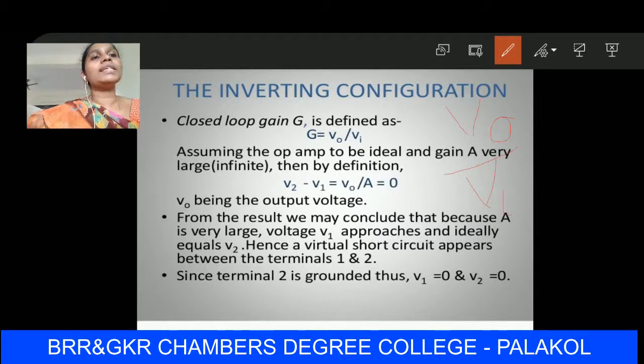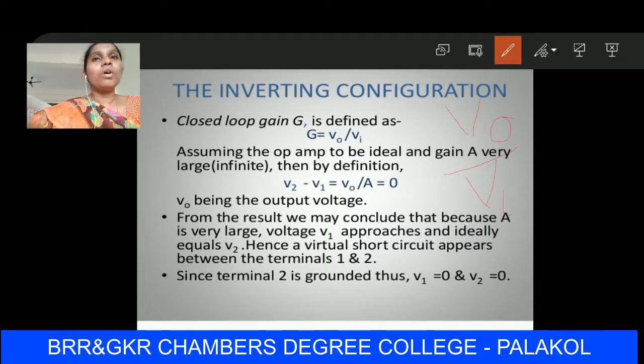In some textbooks it will be represented as A, or in some textbooks as G. So here the closed loop gain G is defined as G is equal to V0 divided by Vi, assuming the op-amp to be ideal and gain A is very large.